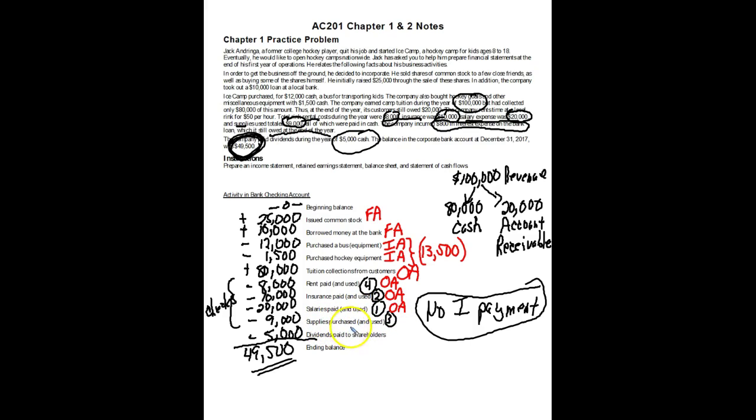And cash paid for supplies purchased and used. So because all the supplies were used up, it was an expense. Those are all operating cash payments. So all 4 of these were cash paid for operating activities. And if I add those up, I'll get $47,000. And again, it's a cash payment. Those are cash payments totaling $47,000.